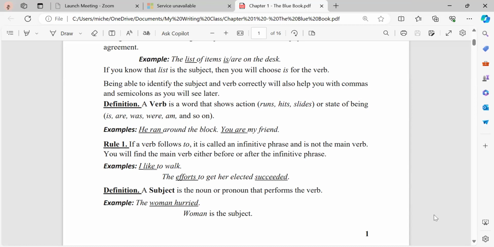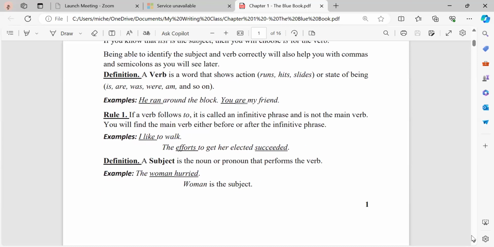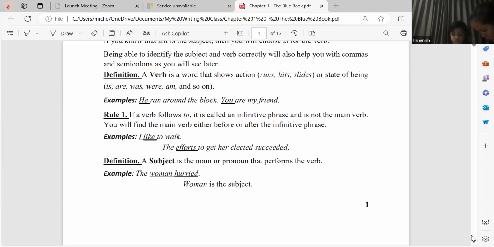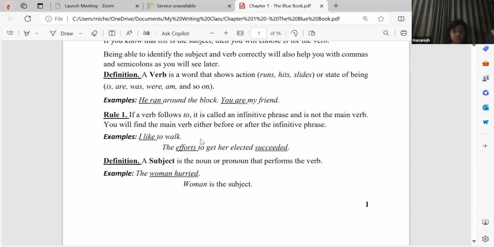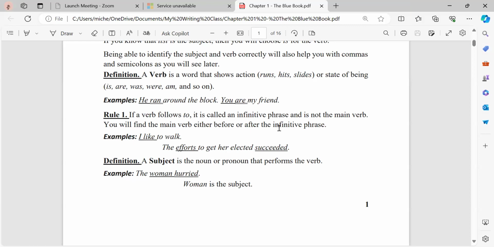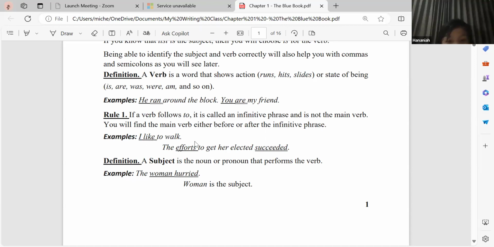So here are some rules. If a verb follows to, meaning that there's the word to in front of our verb, it is called an infinitive phrase and is not the main verb. You'll find the main verb either before or after the infinitive phrase. For example, I like to walk.